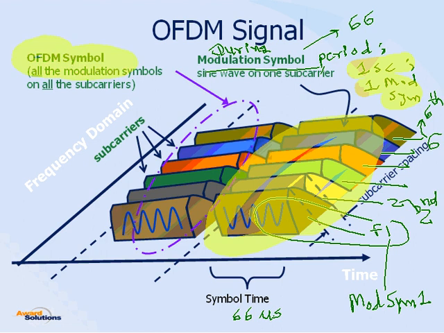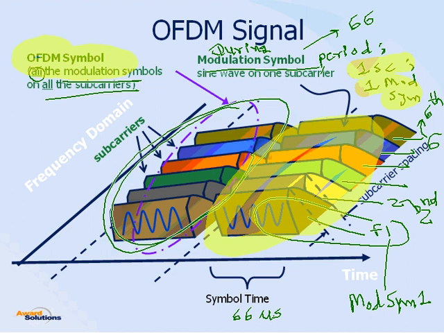Very, very simple. It is the combination of all modulation symbols on all subcarriers. So when you combine all the modulation symbols going on all subcarriers, that is your OFDM symbol. That is the definition. Let me summarize again: an OFDM symbol is nothing but the combination of all modulation symbols on all subcarriers.